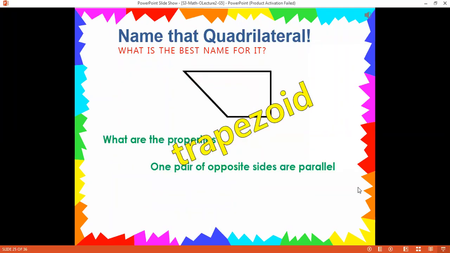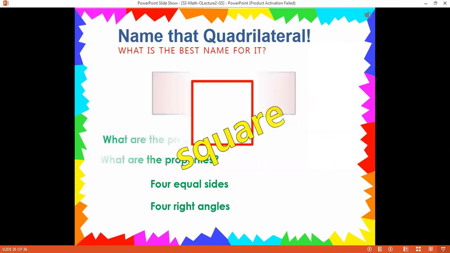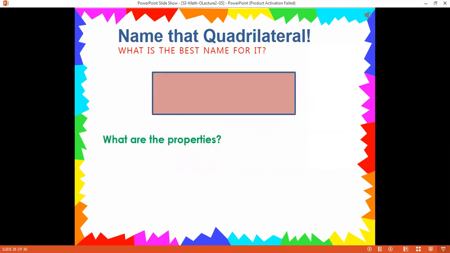Yalla, now someone else. Resha? Yes. Yalla, Resha. So here we have, look at this shape. What are the properties? 4 right angles, excellent. Do all the sides look equal?